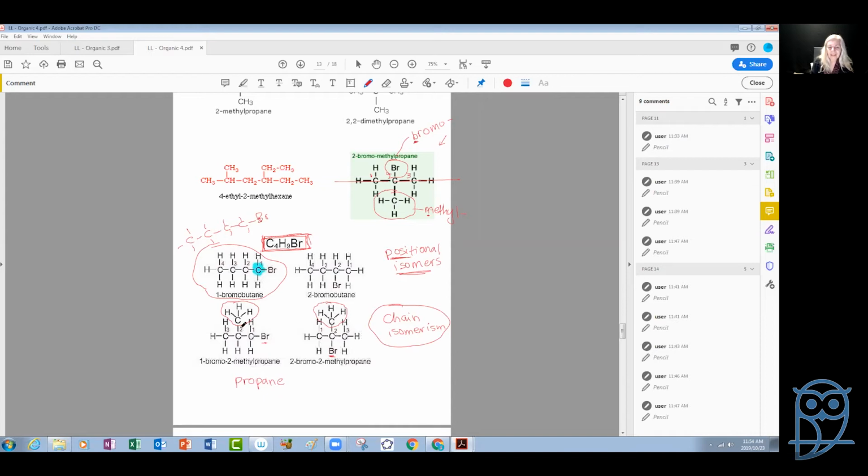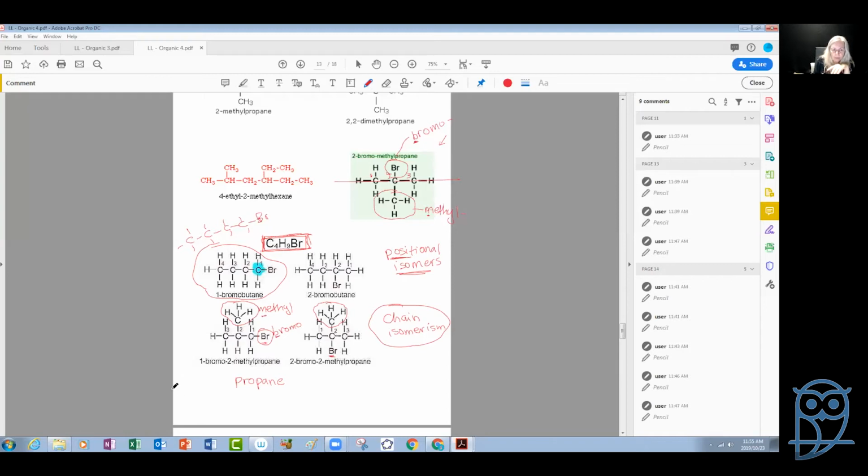But now we have to add all the extras, like the branches and the bromine atom here. So in this case, we have a bromine, which will be expressed as bromo, and this is a methyl group. So alphabetically, which one comes first, bromo or methyl? Obviously, it's the bromo. B is before the M.